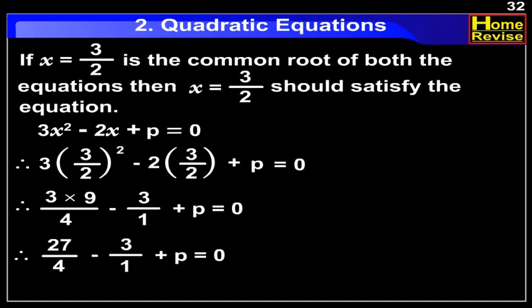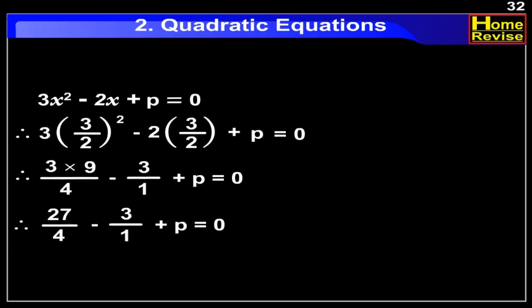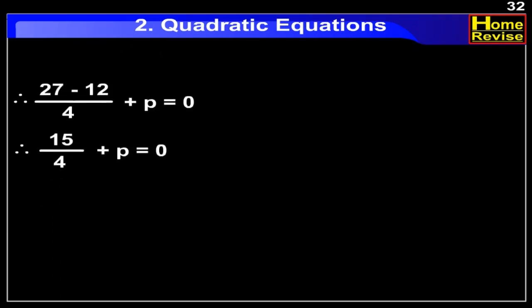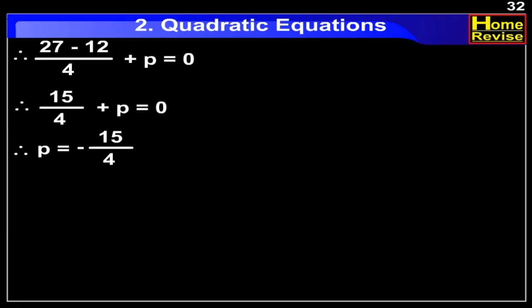Therefore, 27 upon 4 minus 3 upon 1 plus p is equal to 0. Therefore, (27 minus 12) upon 4 plus p is equal to 0. Therefore, 15 upon 4 plus p is equal to 0. Therefore, p is equal to minus 15 upon 4.